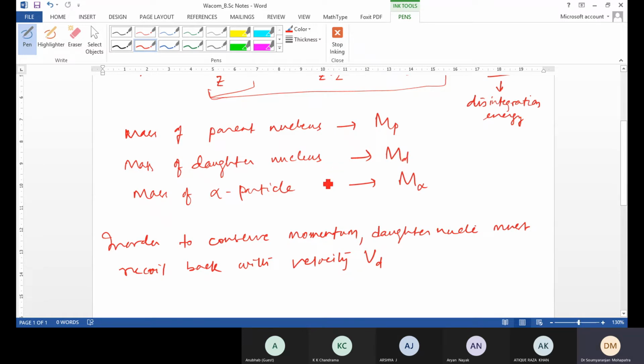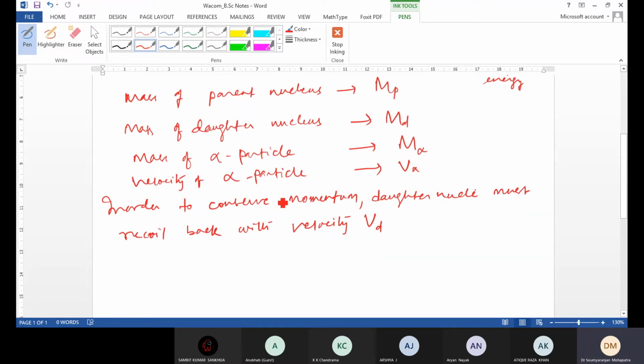When the alpha particle is emitted with velocity V alpha, in order to conserve momentum the daughter nuclei must recoil back with velocity Vd. Do you agree with that?